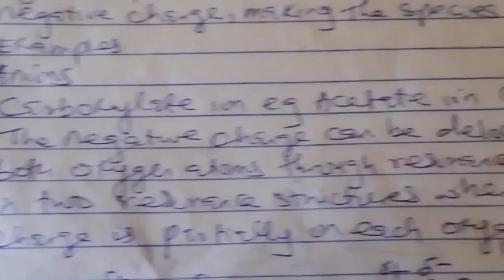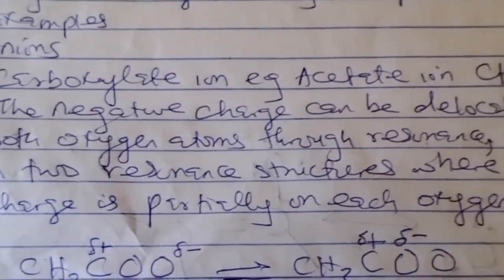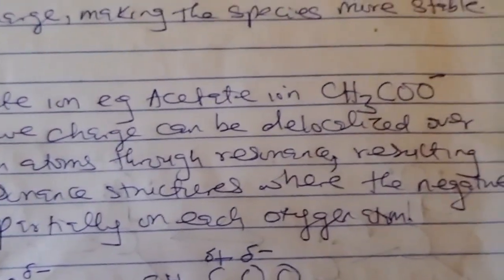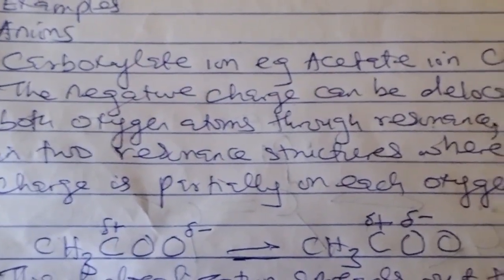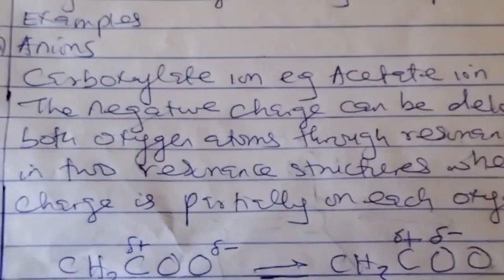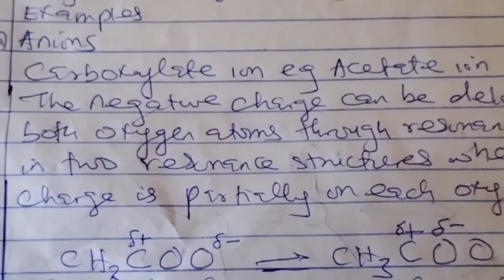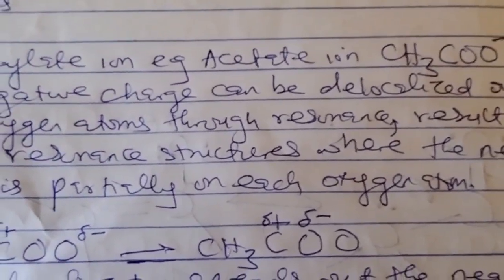It can be delocalized over both oxygen atoms through resonance, resulting in two resonance structures where the negative charge is partially on each oxygen atom. So what do we mean? Look at the structure of the carboxylate ion and see how the negative charge can move from one oxygen atom to the next oxygen atom.